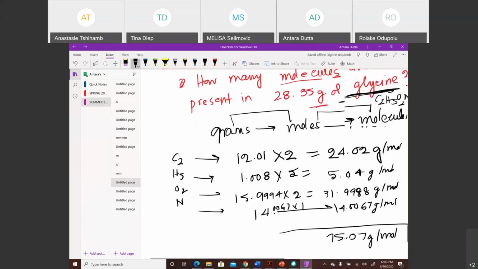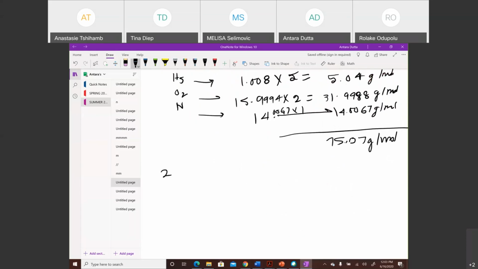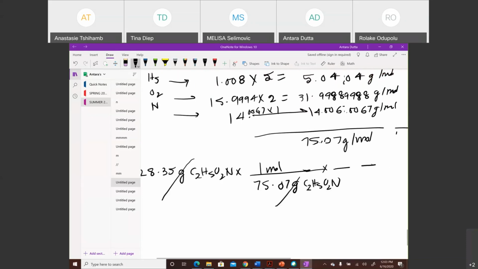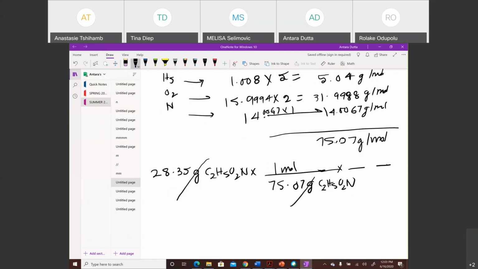So let's convert the grams to moles first. So 28.35 grams of glycine, which is C2H5O2N. Since I'm going to go to the mole, I'm going to write mole on the top over 75.07 grams. And then moles to molecules. So I'm going to write the molecules on the top, 6.02 times 10 to the 23 molecules, and 1 mole on the bottom.